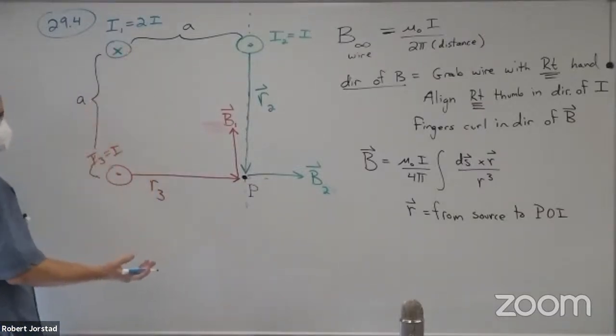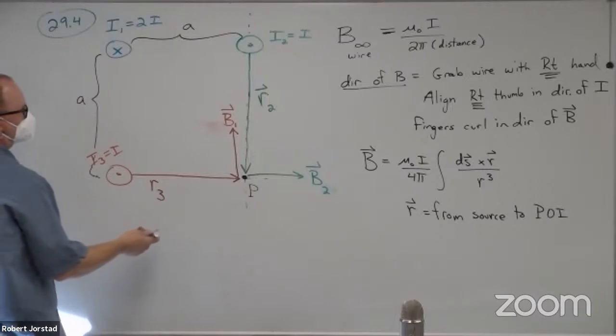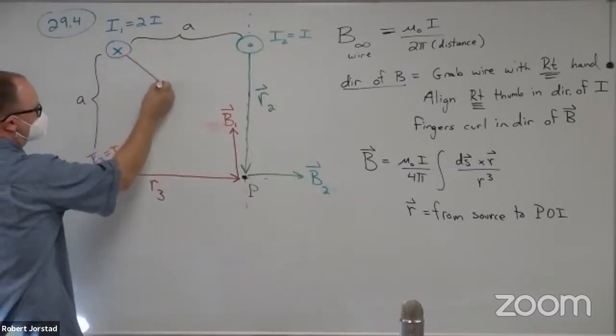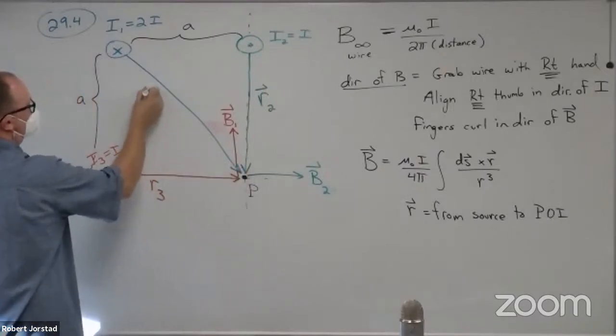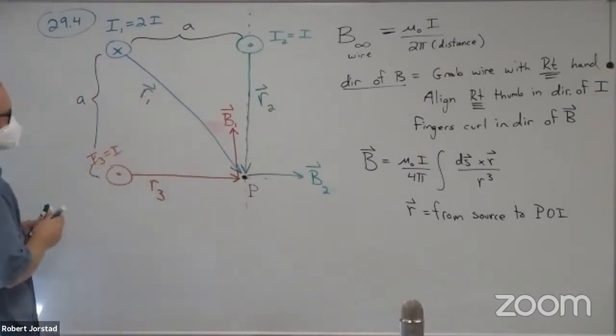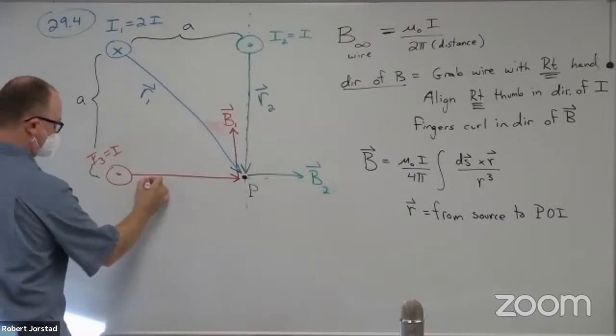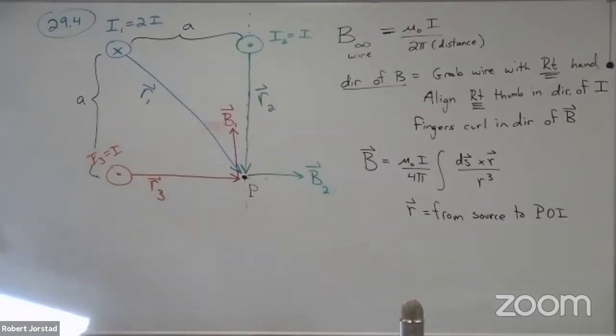What's the first thing that I've been drawing every time? That's going to be R1. I guess I should draw this, right? All right. So what direction is the B field going to point for this one? Diagonal which way?